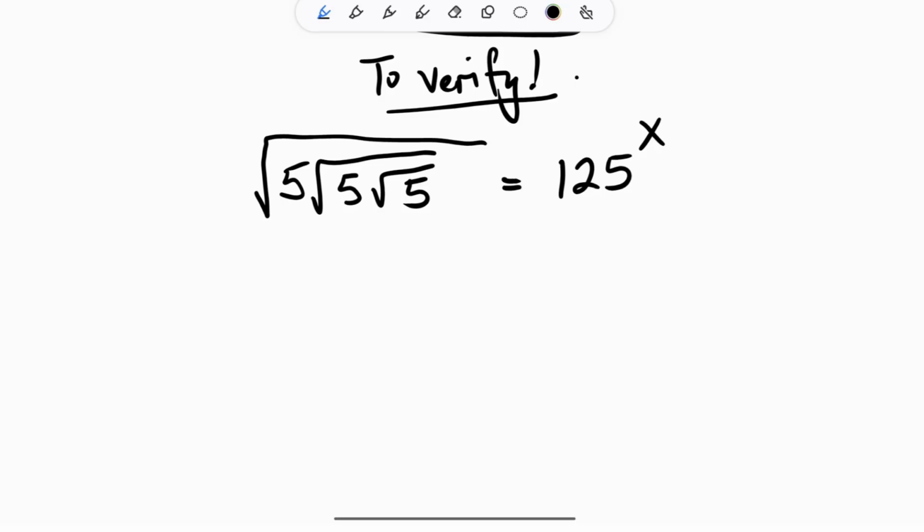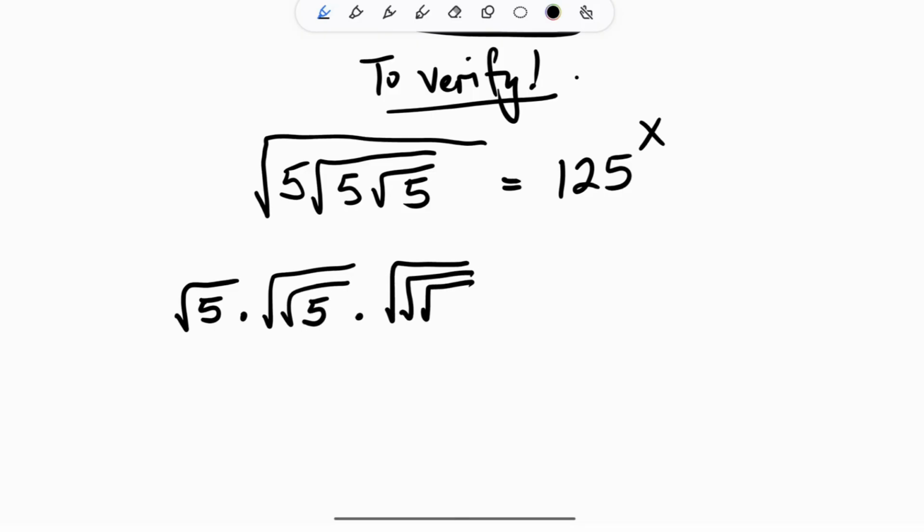Let us rewrite the left-hand side. The left-hand side can be written as root 5 times double root 5, and then times triple root 5. Our x value is 7/24.